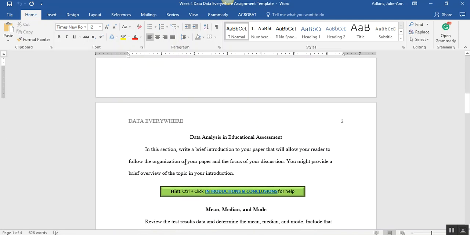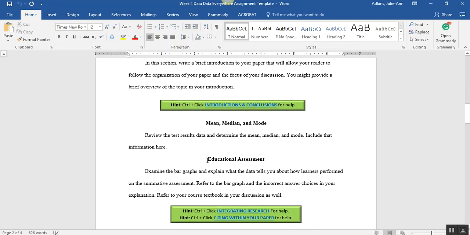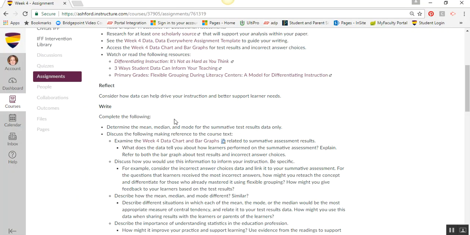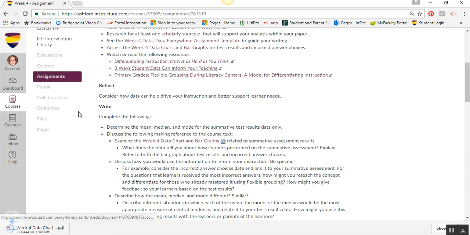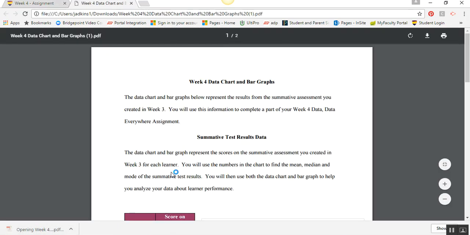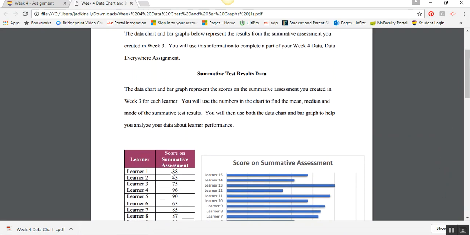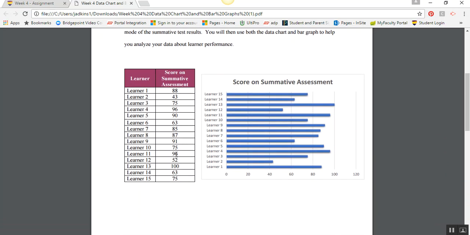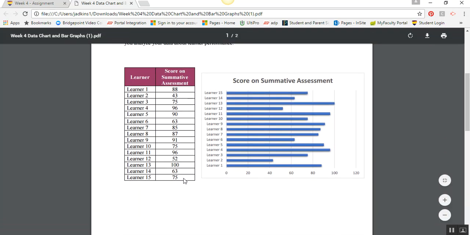So I'm going to use this template. The very first thing is you're just going to write an introduction, and then you're going to find the mean, median, and mode. The data for that comes from that week 4 data chart. So I'm going to go ahead and download it. This is what you're going to be using. Here are the results from a summative assessment.